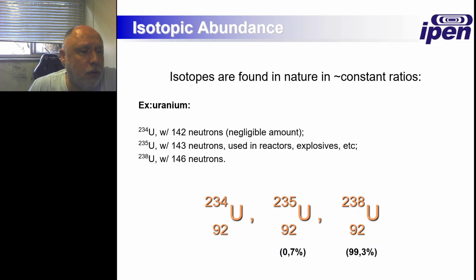It's the kind of uranium you would use in nuclear reactors, explosives, and so on. This is 0.7%, meaning if you get 1,000 uranium atoms, 7 will be uranium-235. And 99.3% of these uranium atoms will be uranium-238, which has 146 neutrons, right?